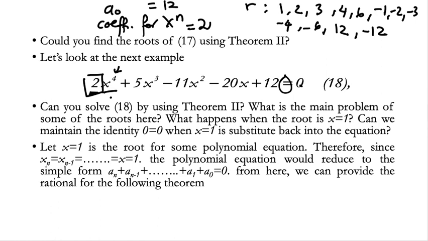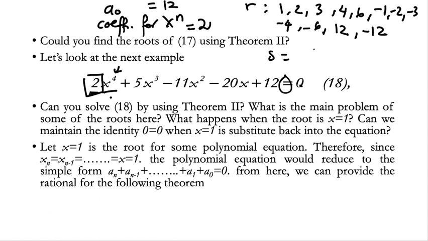Now what about s? s again is a divisor for the coefficient of x to the power of n. So what is s? The possible value for s, look here, the coefficient is 2.